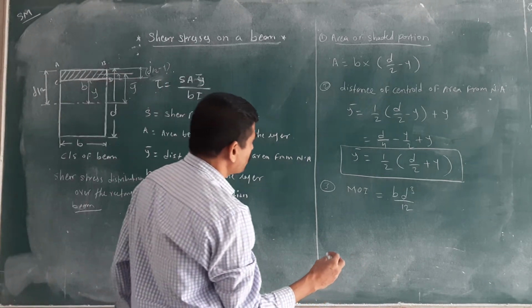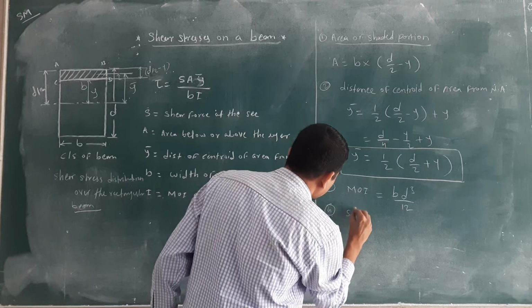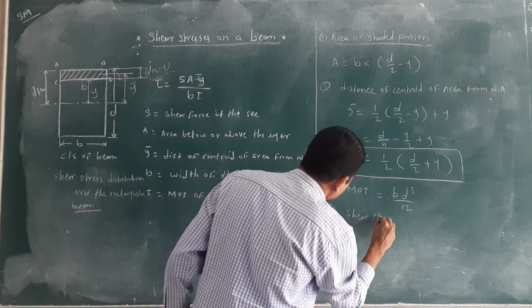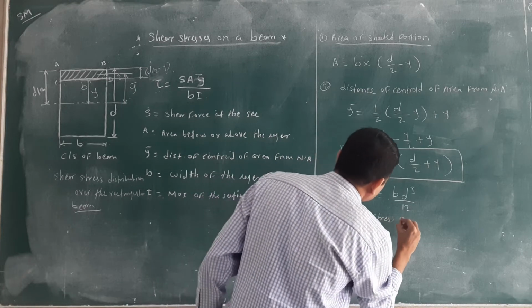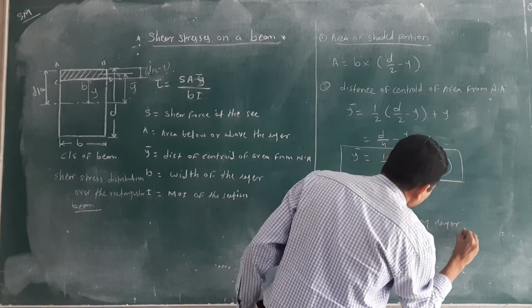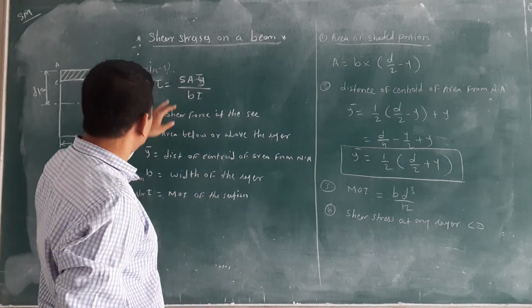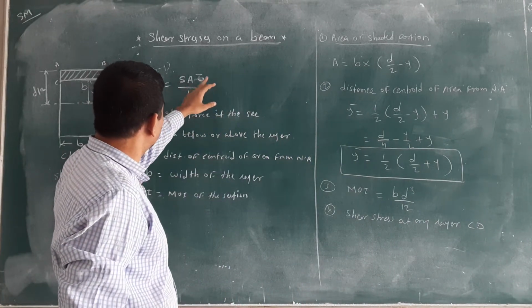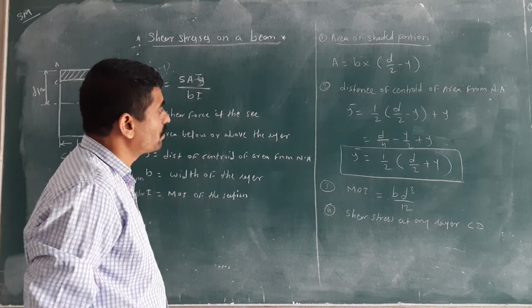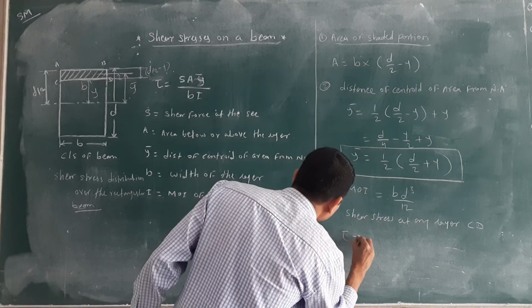Then we want to calculate the shear stress distribution. Shear stress at any layer, that is CD. We know the formula tau is equal to S into A into Y bar divided by b into I.